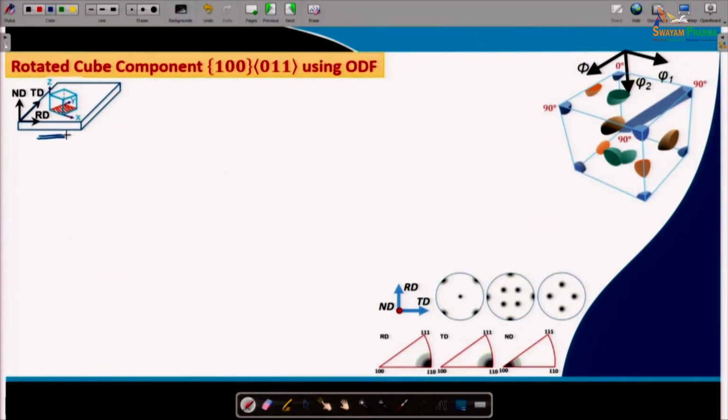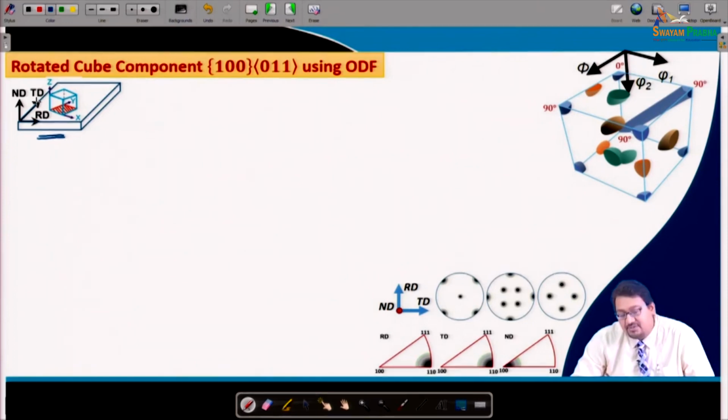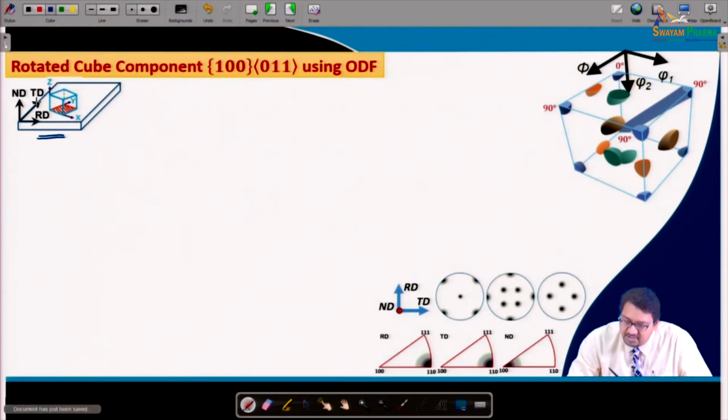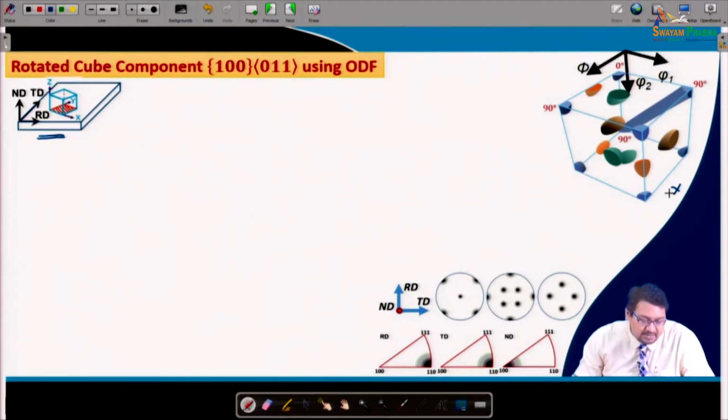The RD, TD and ND of the rolled sample are given, that is the important sample reference directions, and X, Y and Z are the important crystal reference directions, representing X by 100, Y by 010 and Z by 001. The position of the rotated cube component is not shown here, but I will try to demonstrate it.